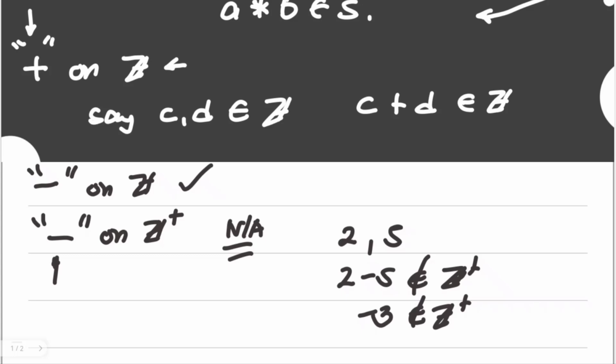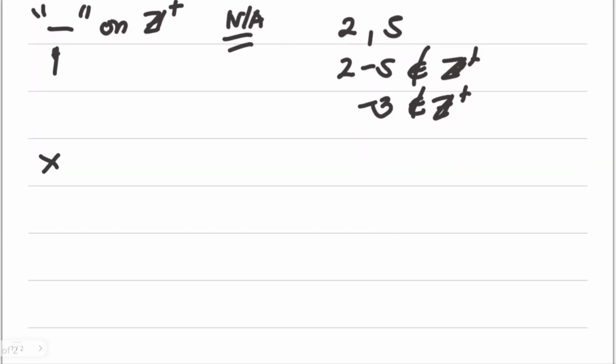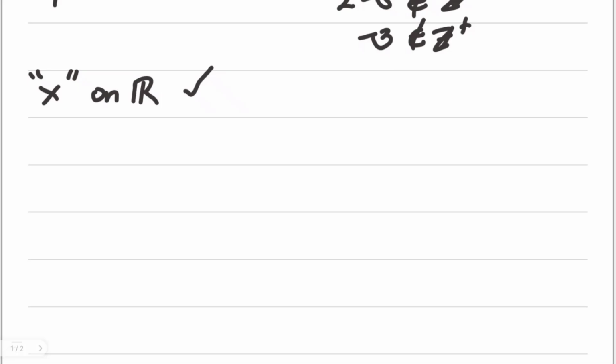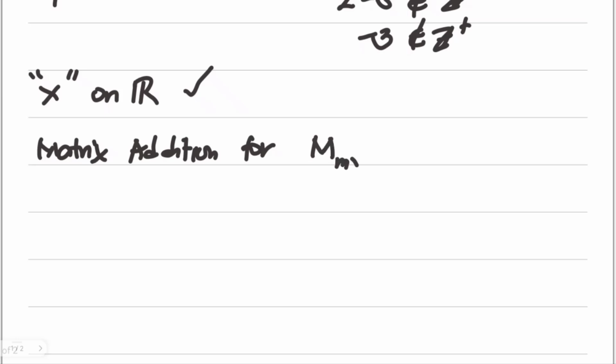Another example of binary operation is multiplication on the set of real numbers, because if you multiply two real numbers, it will always result in a real number. Another example is matrix addition, for, let's say, M by N matrices. Please try to review that one: we can only add matrices if their sizes are the same.